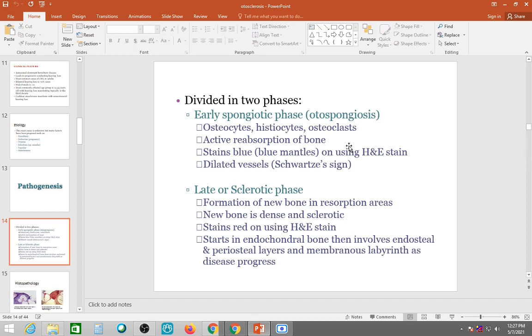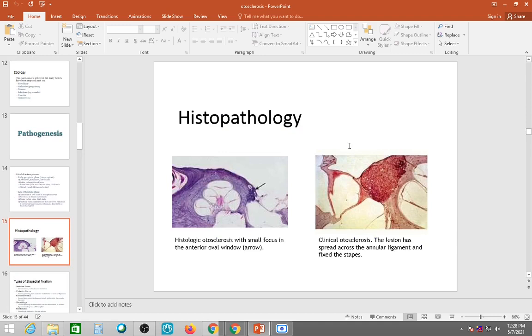It becomes more thickened and stains red using HE stain. Before it was blue and now it's coming to red. It starts in the endochondral bone, then involves the endosteal and the periosteal layers and the membranous ligament as the disease progresses. You can see from the next slide.